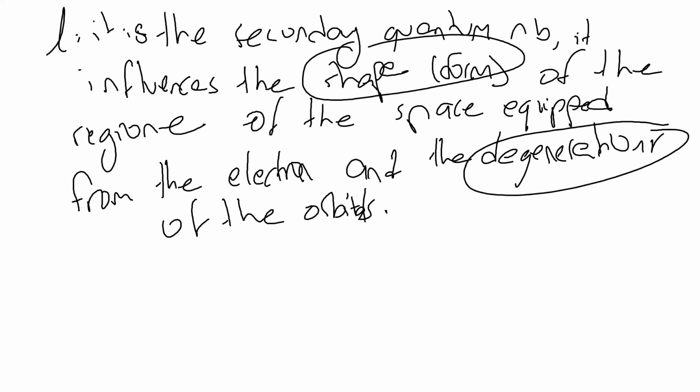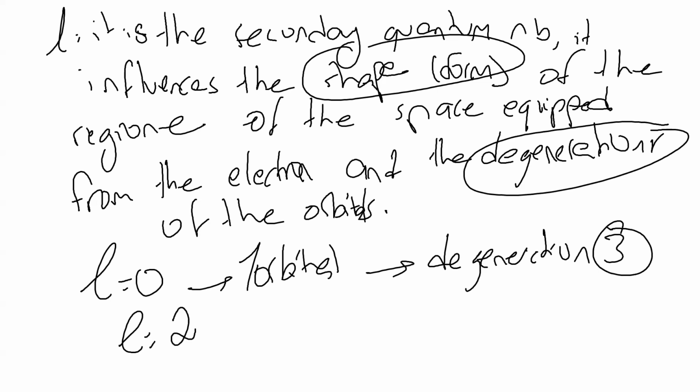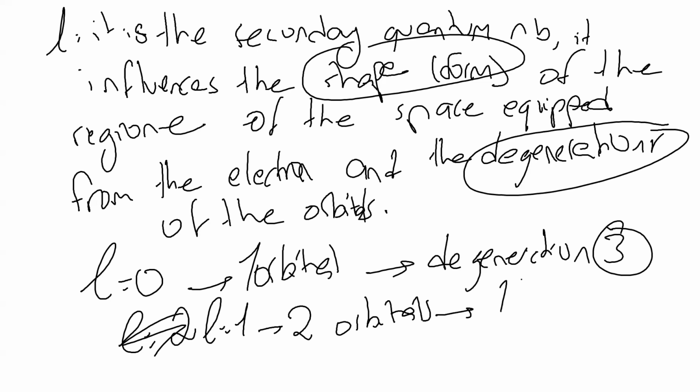L can be equal to 0. When L equals 0, how many orbitals do we have? We're going to have only one orbital, and degeneration 1. If L equals 1, 3 orbitals, degeneration 3. L equals 2, 5 orbitals, and the degeneration is 5.